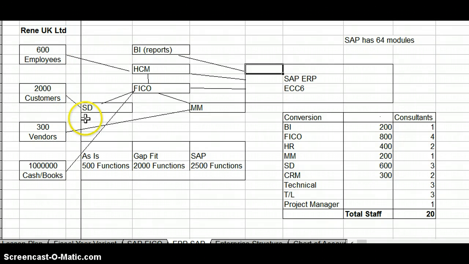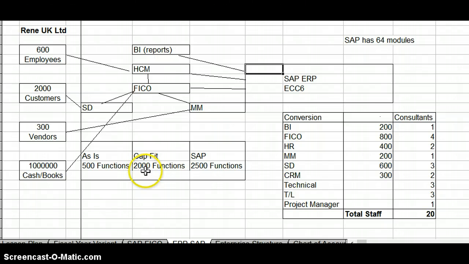So using this example, we have a situation here which we discussed in a previous presentation, the as-is system, and just for this example, we'll say it was QuickBooks. So the as-is system had 500 functions, and when it moved into the SAP system, it would have 2,500 functions.